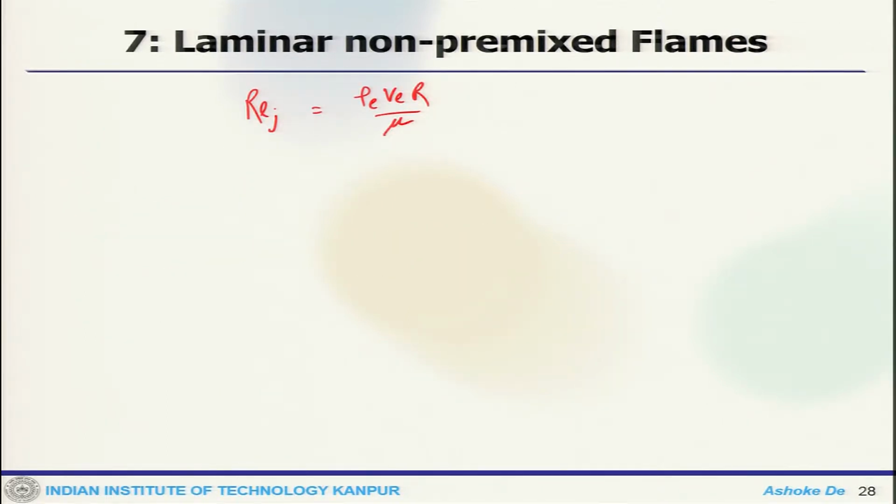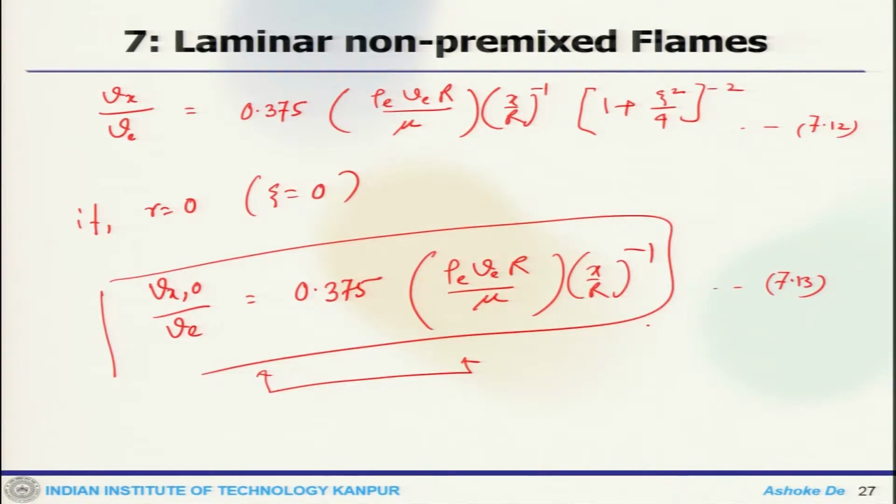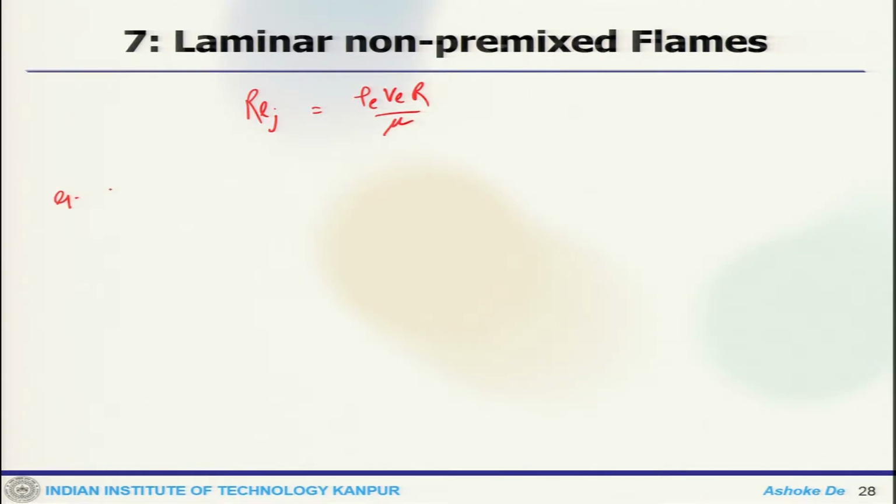Now, from this expression one can also see that the solution, equation 7.3, is not valid near the nozzle. Why?